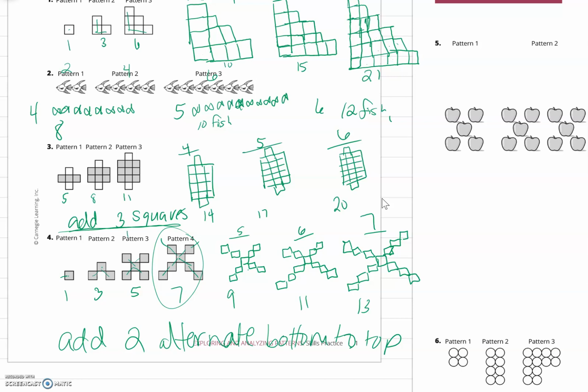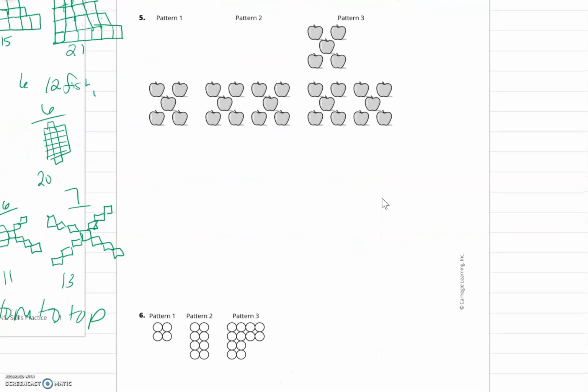This could have been add 3 squares in the middle. For the fish, add 2 to the end. So on. Okay, so write a little rule.